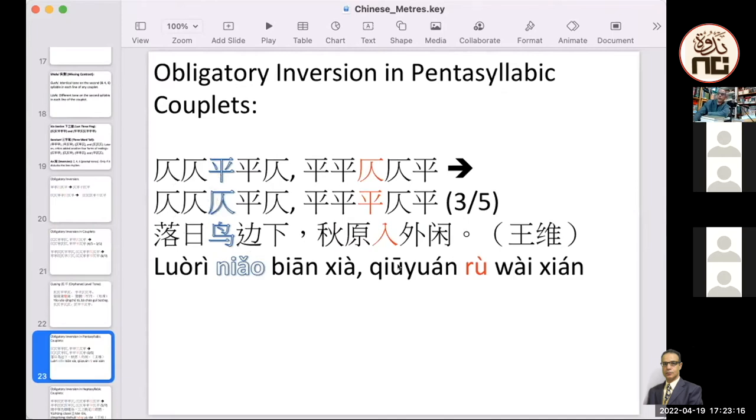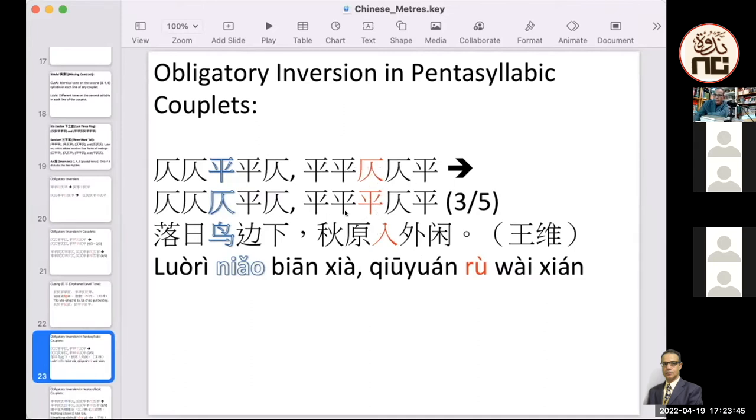So what he did here in the third syllable, he changed the zi into ping. Sorry, this should be ru. Yeah, it's ru. So here he didn't change the second one, he kept it: ping, zi.